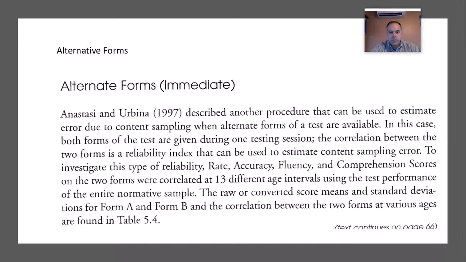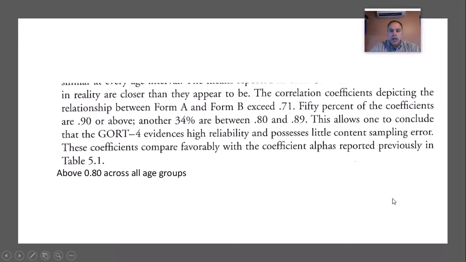Alternate forms. So this would be the parallel items. They used 13 different age intervals in regards to the normative sample, and then did all the conversions. And they found that the correlation coefficients depicting the relationship between Form A and Form B exceed 0.7. 50% of the coefficients are 0.9 or above, and another 34% are 0.8 to 0.9.